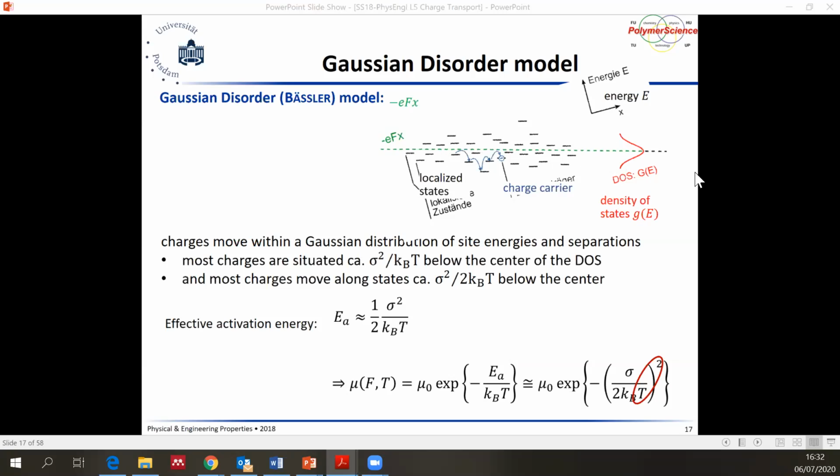If you draw a Gaussian distribution, it should go through the center, through the peak. And most of the charges, by pure Boltzmann statistics, should sit below that: sigma squared over kT below the center.